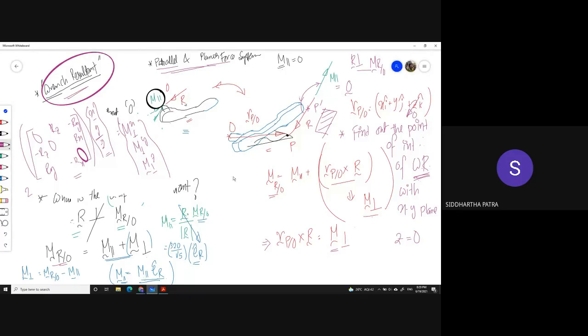You can imagine, let's say this is the direction of the resultant, and you can imagine a cylinder about that axis by taking the resultant as the axis.